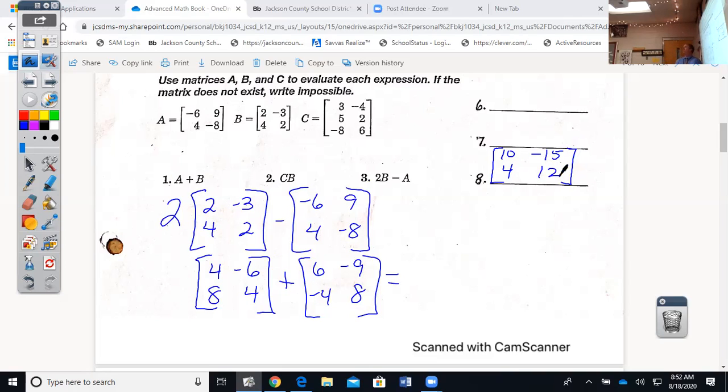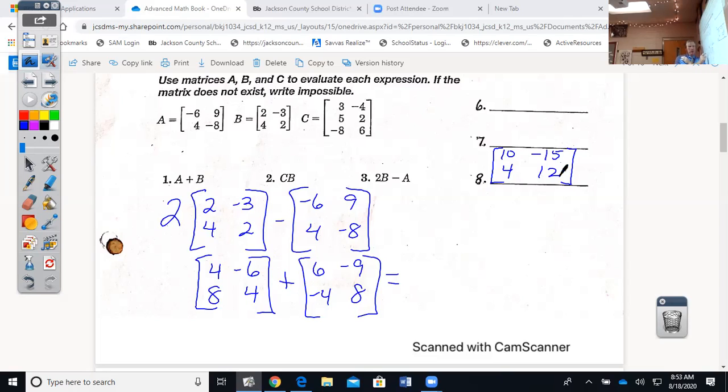Everybody good? What, Jenny? How did you do that? Which part? The adding? Okay. First, I just wrote the problem. And I substituted b for what b was. Minus a, put in what a was. No, it's 2 times b.